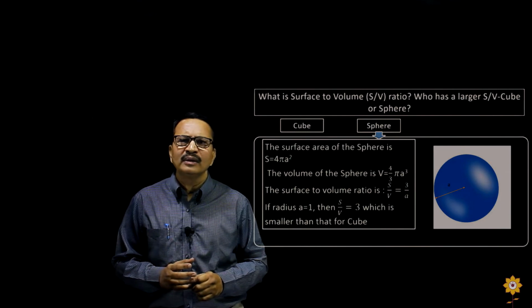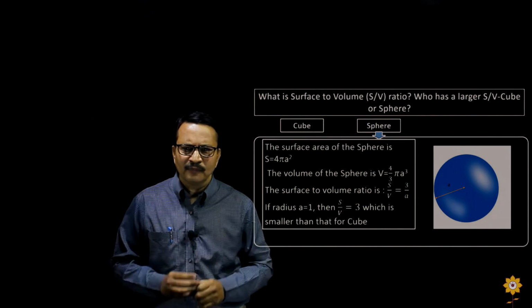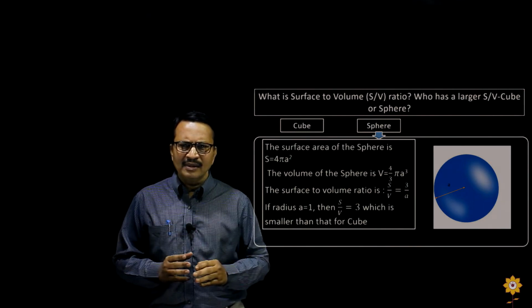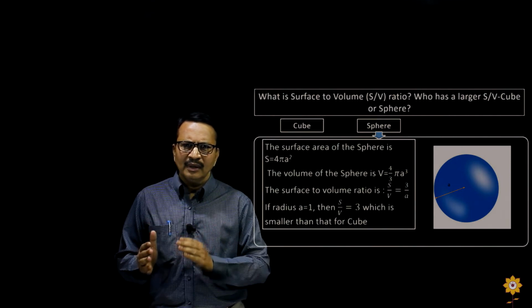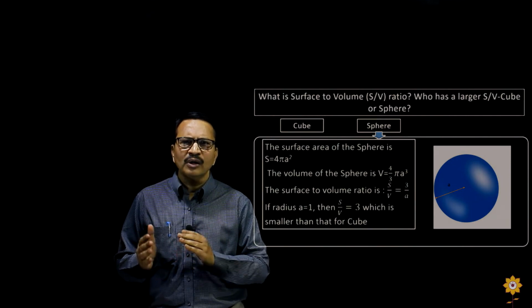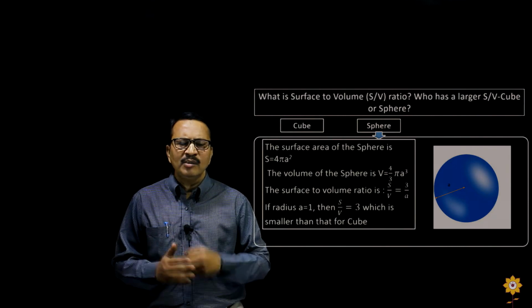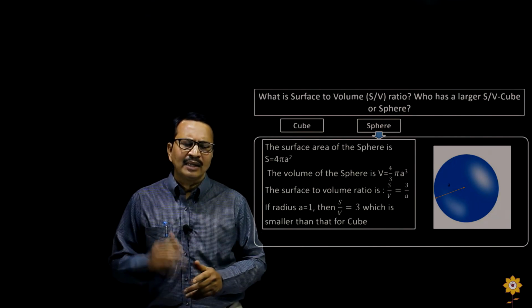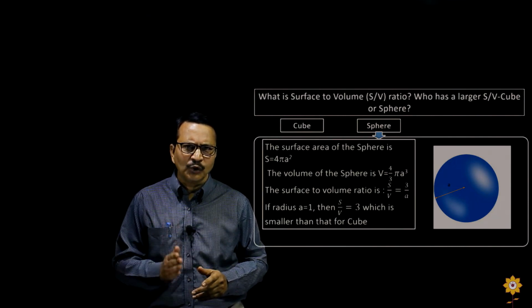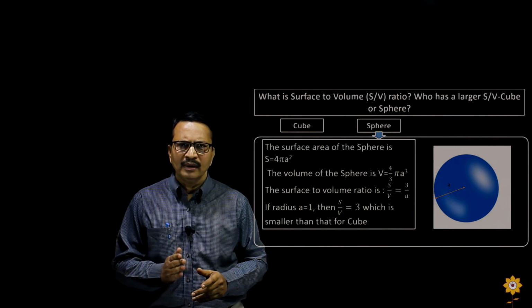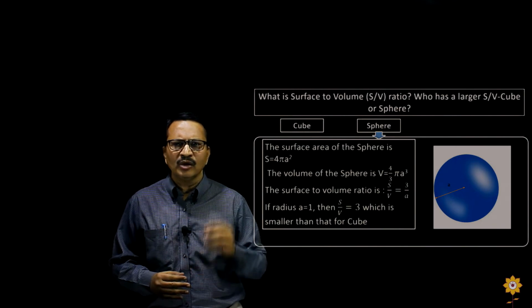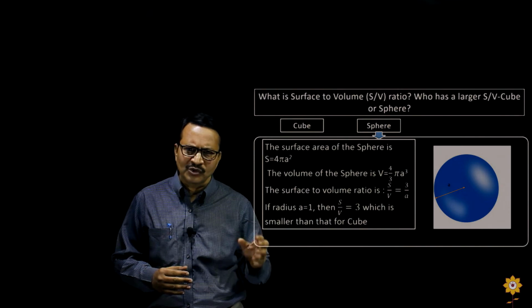It turns out to be 3. So when you compare this with the S upon V ratio for a cube, which is 6, you immediately come to know that the S upon V ratio for the cube is more, rather twice, that of a sphere.